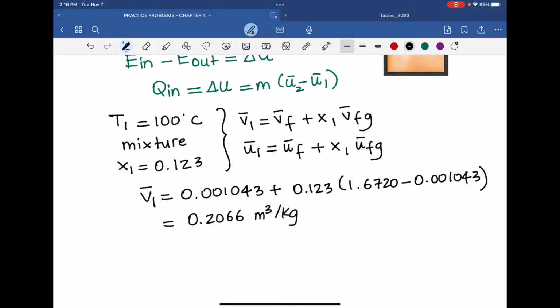Okay, and then for the internal energy, we can do the same thing.